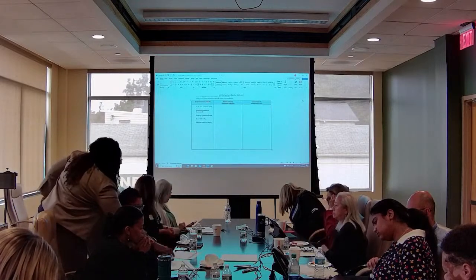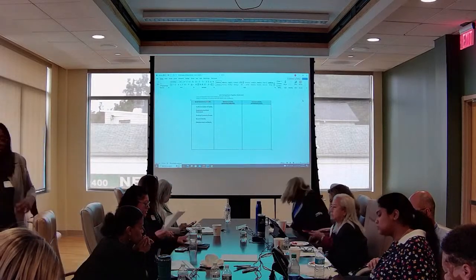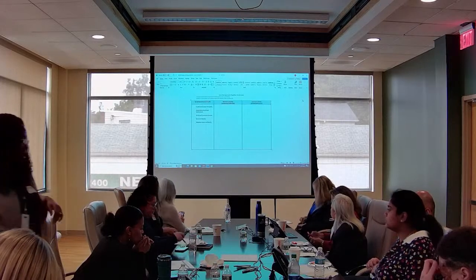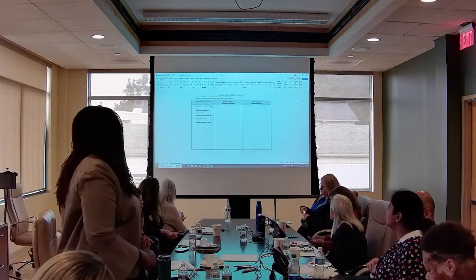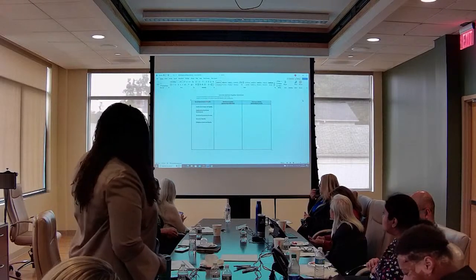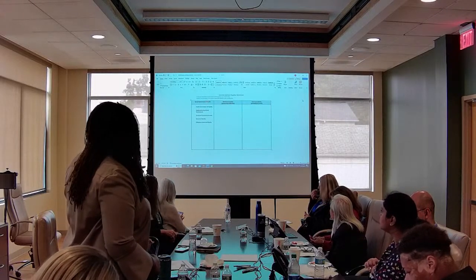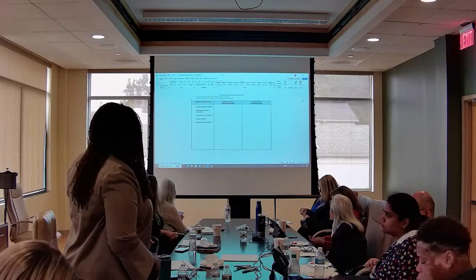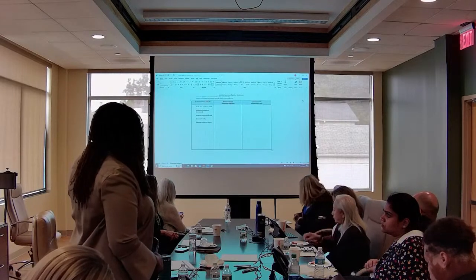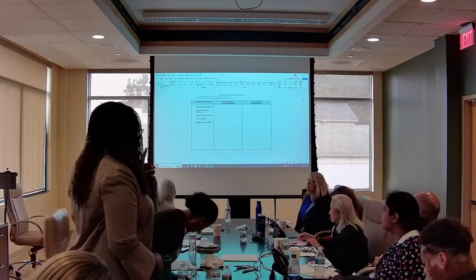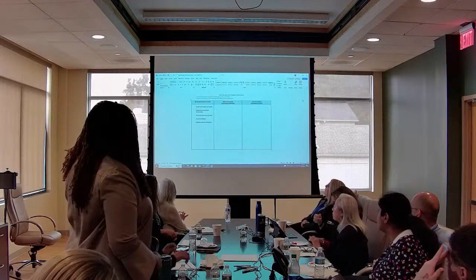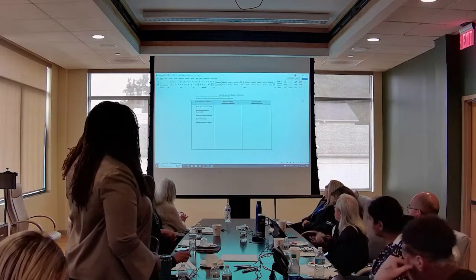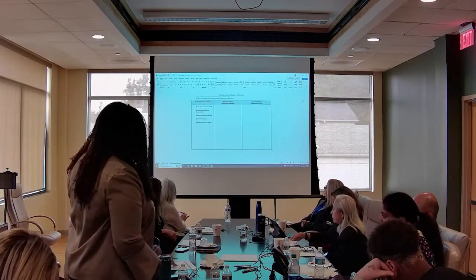So basically, the instruction is for us to think about 2 to 3, or however many you want. Let's just say one midstream activity that you can think of that's at the community or individual level, and one upstream activity that's more policy level, societal level, right?